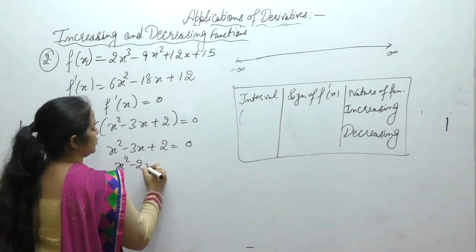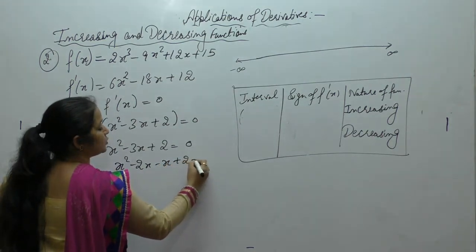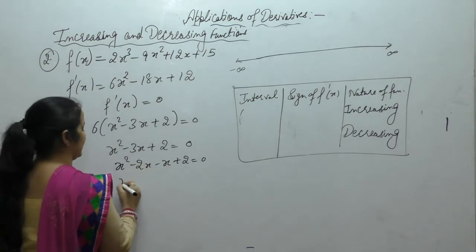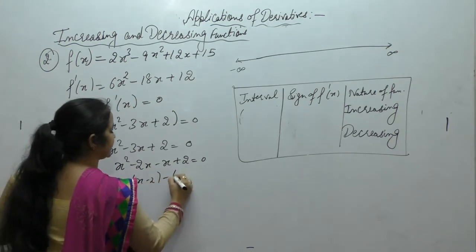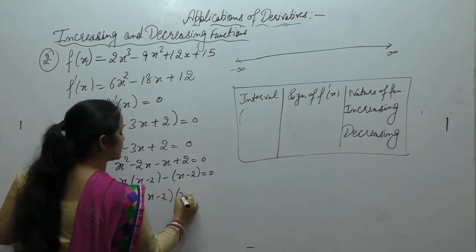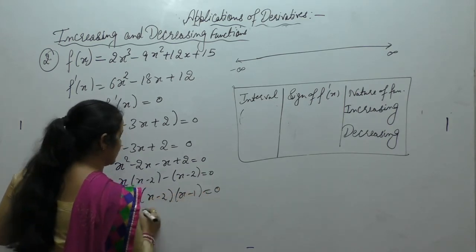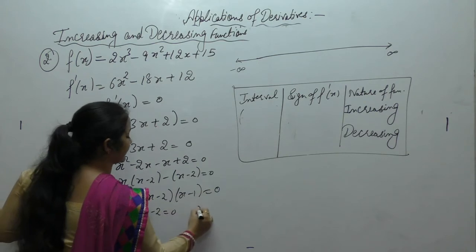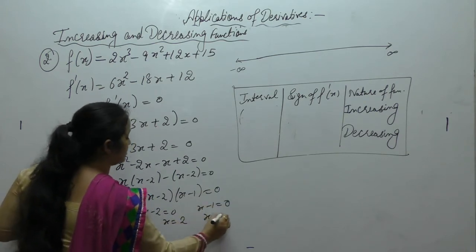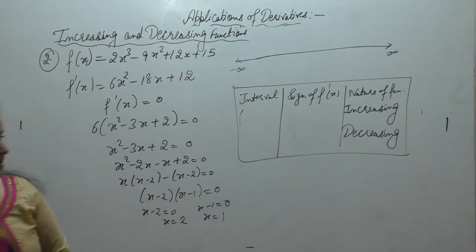So minus 2 into minus 1 is plus 2, and minus 2 minus 1, when we add it, we get minus 3. So the factors are x minus 2, x minus 1 equals 0. Either first factor is equal to 0 or second. So we get x is 2 and x is 1.